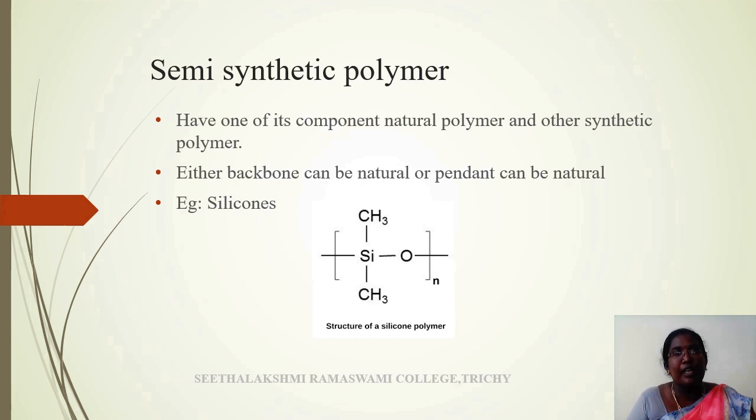Here I have attached the silicone structure. You can see that CH3 and CH3 are natural groups and SiO is a synthetic group. So in a synthetic group we are adding a natural group. Half is natural and half is synthetic.